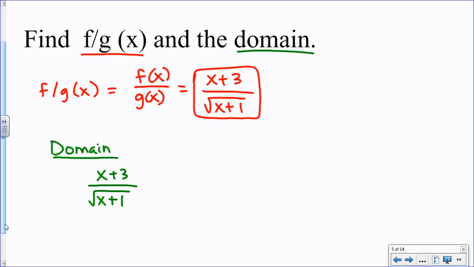So first of all, I know that I can't divide by 0, so I know that the square root of x plus 1 cannot equal 0. If you square both sides, then 0 squared is 0. So really you could just say x plus 1 can't equal 0.